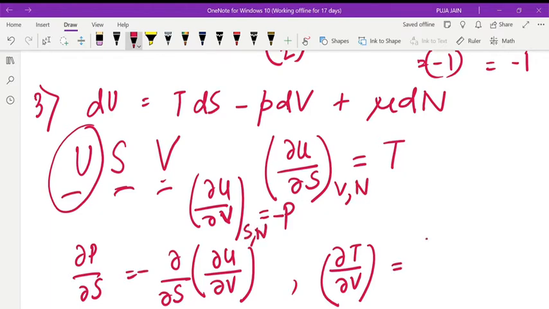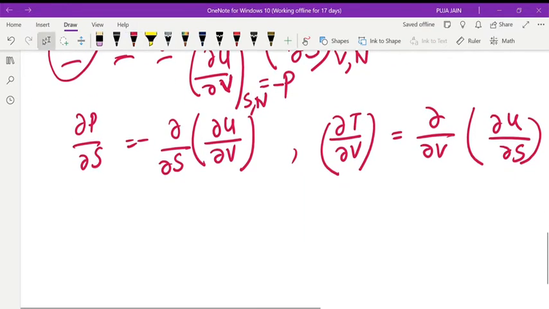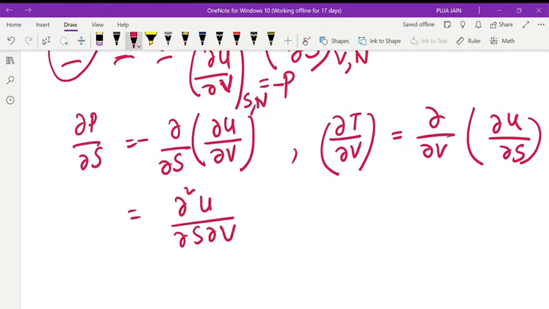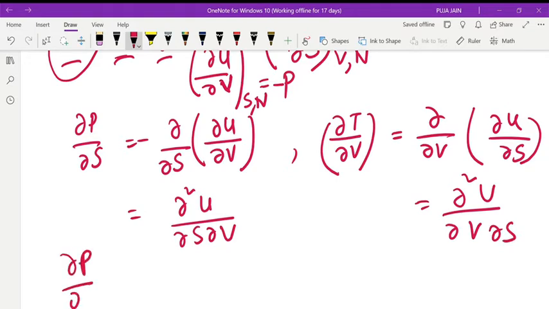Del del V of del U del S. Now you see this. Since this is a partial derivative, we can write this as del square U del S del V, and this is del square U del V del S. So basically we can say del P del S is equal to minus of del T del V, right? There is a minus sign here.